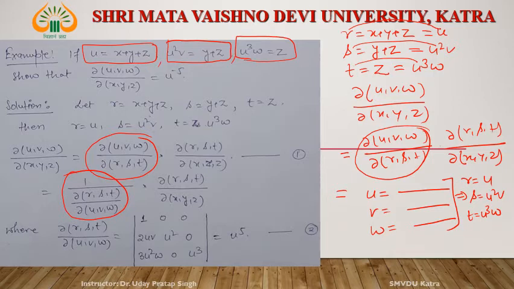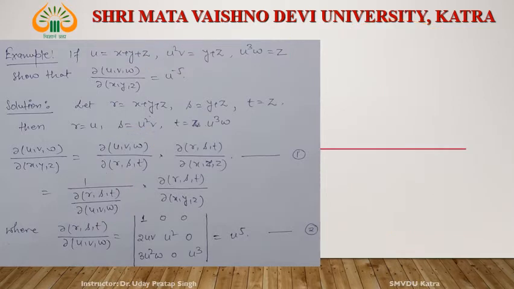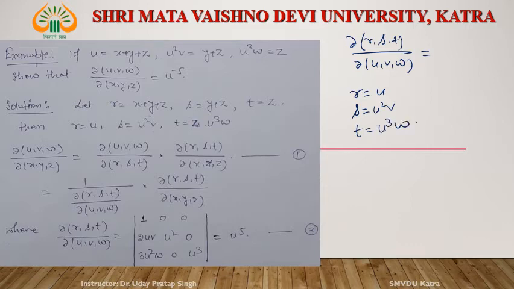Evaluate this. It means if we evaluate ∂(r,s,t)/∂(u,v,w), where r is u, s is u squared v, and t is u cubed w, then what is this? This is ∂r/∂u, that is 1. ∂r/∂v, 0. ∂r/∂w, 0.